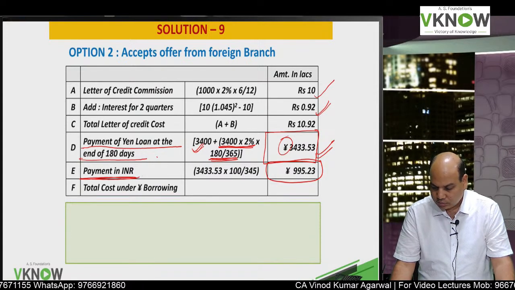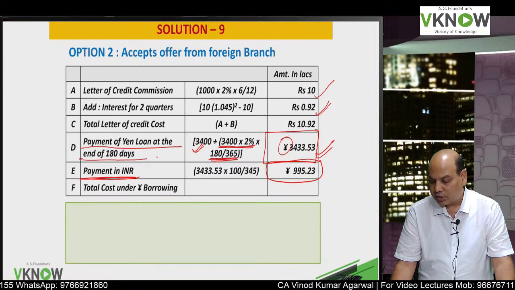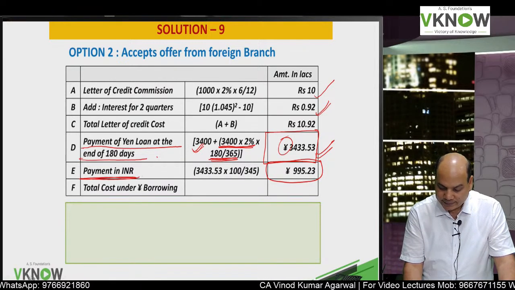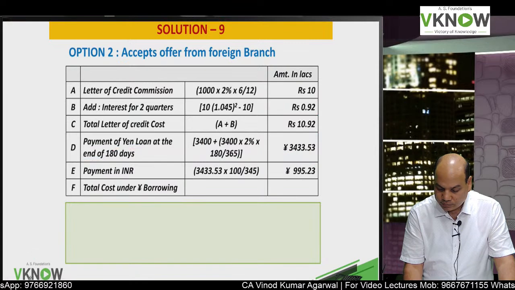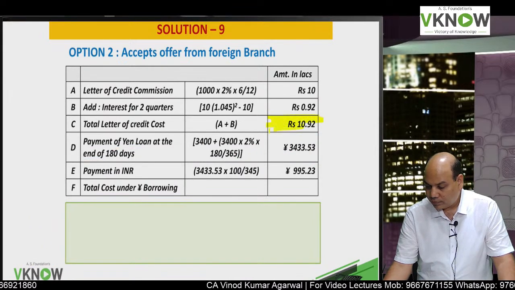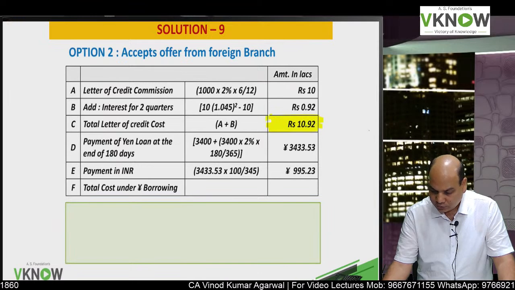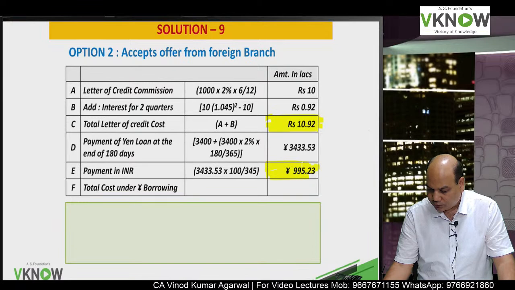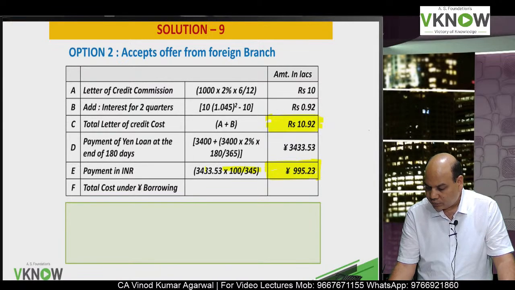Total cost under yen borrowing. If I borrow in Japan, one cost is letter of credit cost. The other outflow is repayment of loan plus interest. So this number takes care of the exchange effect also, the interest effect also.